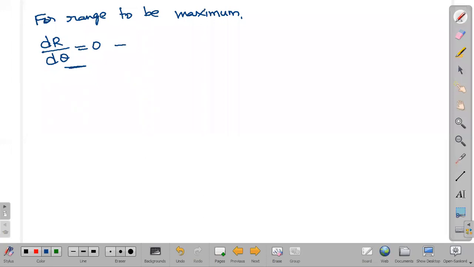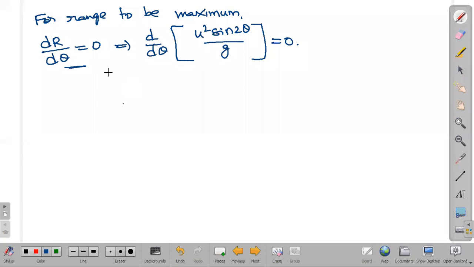So we can write d by d theta of r. I already told you about differentiation in short in previous classes. r is u square sine 2 theta by g, right? This is our horizontal range r value, which we just derived. Now, sine theta differentiation is cos theta, so I'll be getting u square by g cos 2 theta is equal to 0.